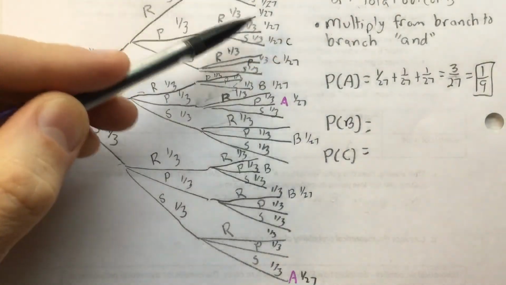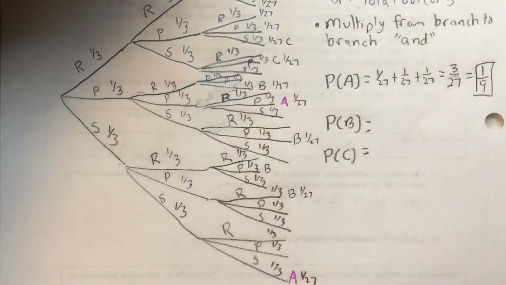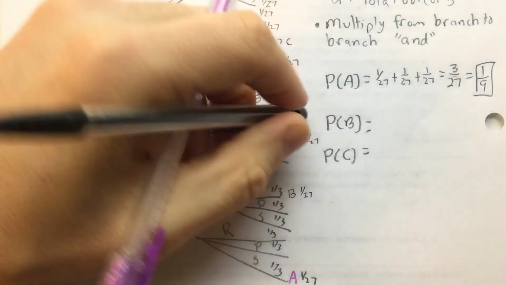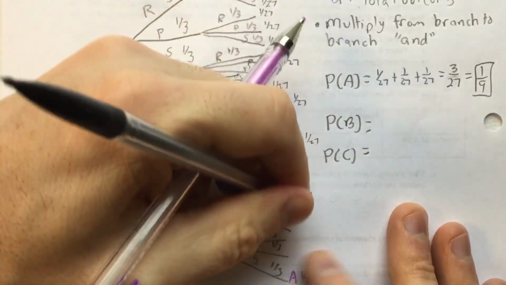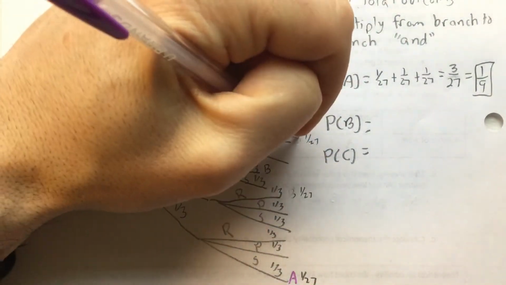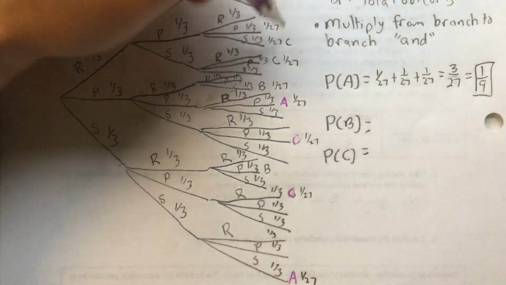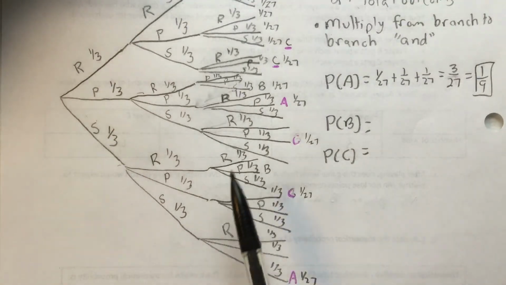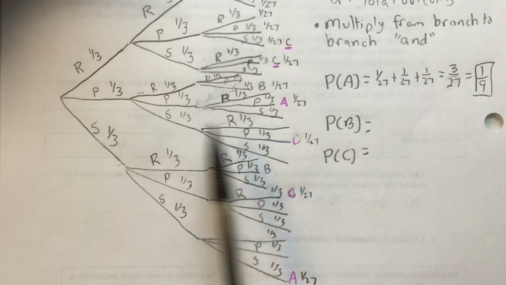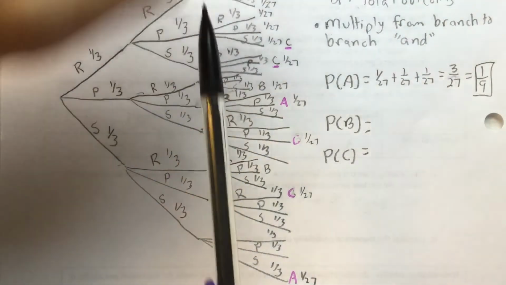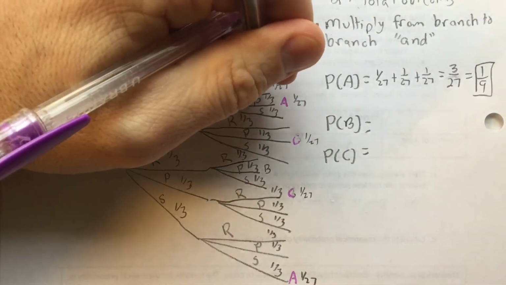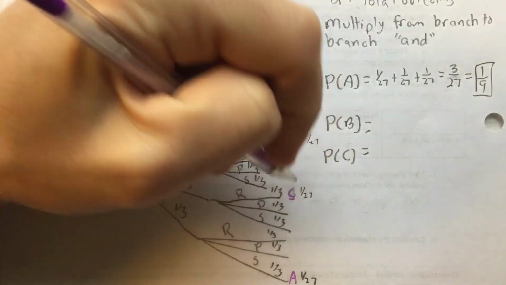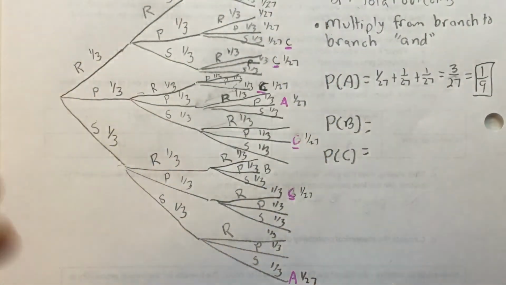So if we look here at our B's, sorry, a C. These were C's. So we have a C here, a C here, and these are C's, sorry. A C here, a C here, here, and then a C here.